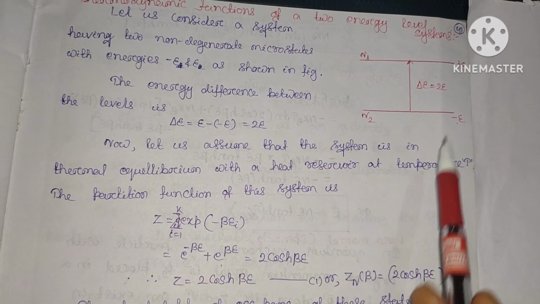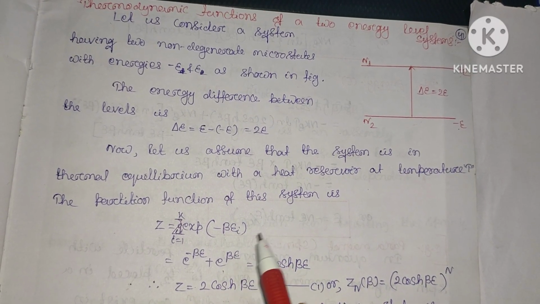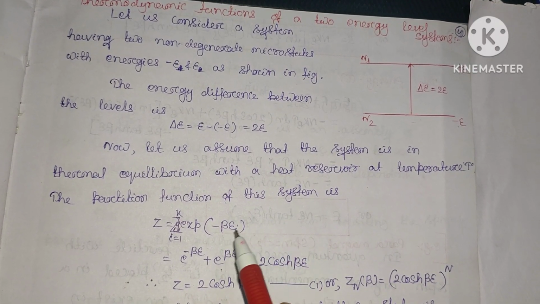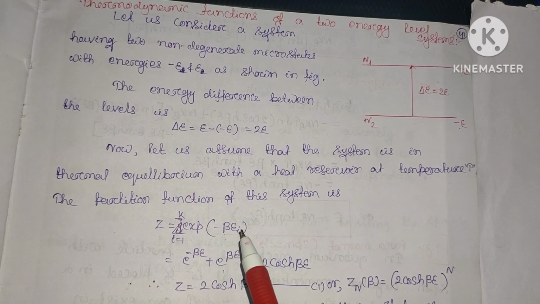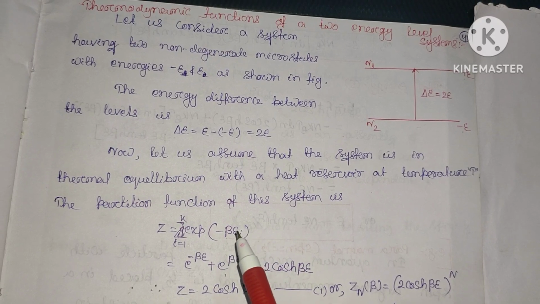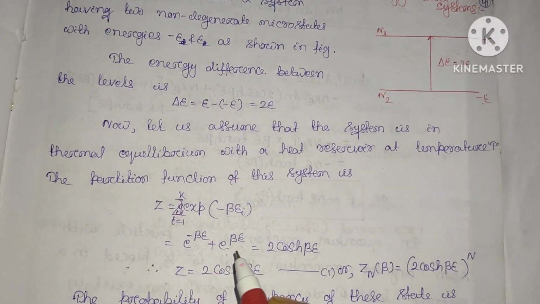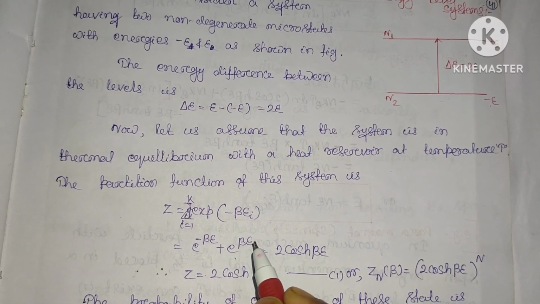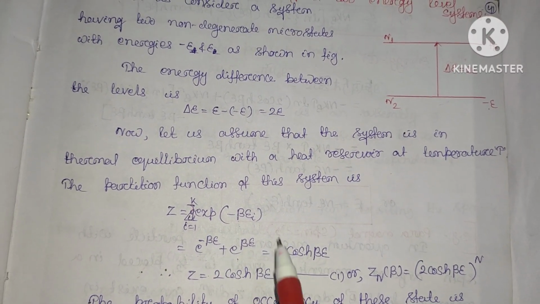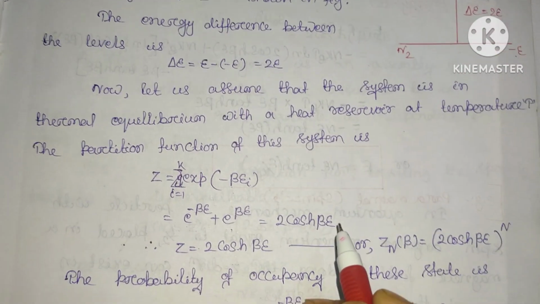Here we have considered the two energy level system, one for plus epsilon and another for minus epsilon. For plus epsilon this becomes exponential minus beta epsilon, and for the minus epsilon energy level, minus minus plus, this is exponential beta epsilon. So this leads to twice cos hyperbolic beta epsilon.